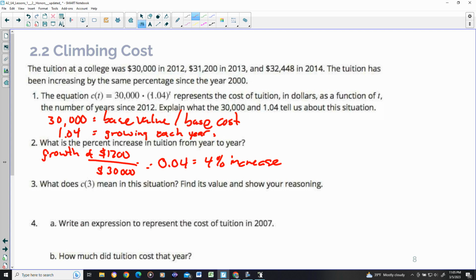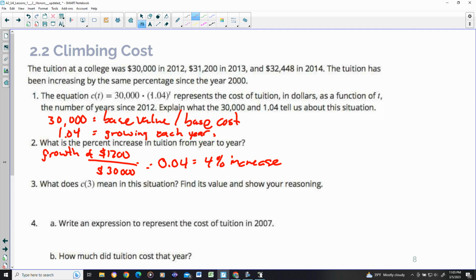When you multiply by a number greater than 1, it makes the function grow in value. And if you multiply by a number less than 1, it decreases in value. 1 is kind of like, remember, you multiply by 1, the value doesn't change at all. So it's kind of like the borderline, if you will.